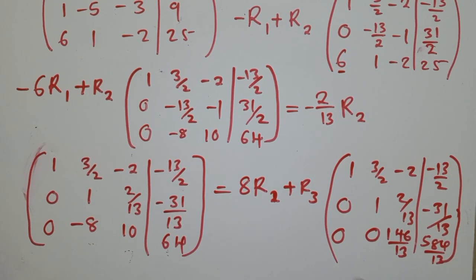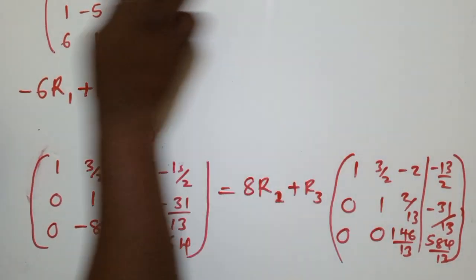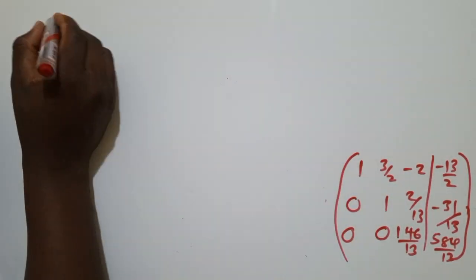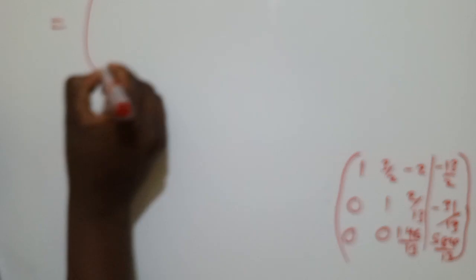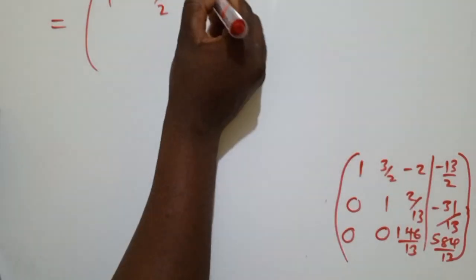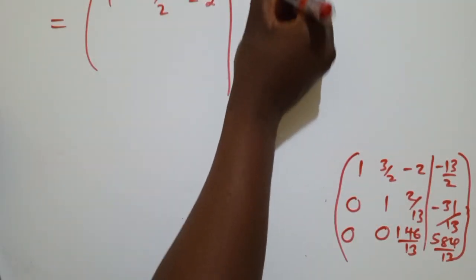Okay, so we are at this point. Let me just copy this part, and then we see we are almost concluding. So follow, we're almost concluding. So I need to copy this part. So I'll say equal to 1, 3 over 2, negative 2, negative 13 over 2.